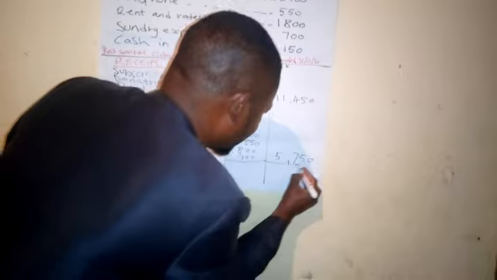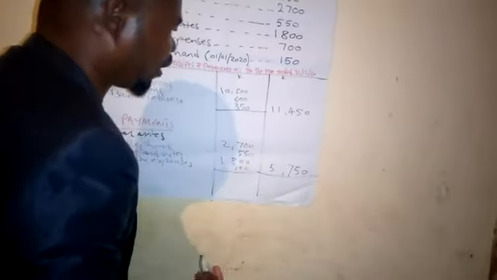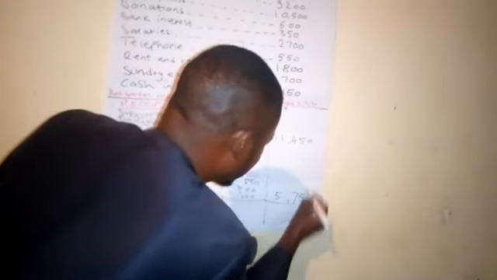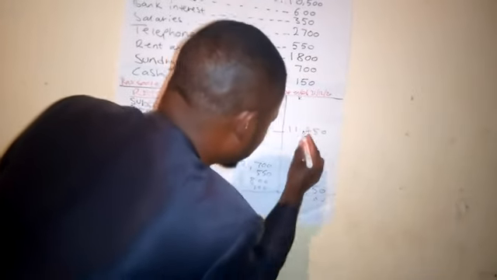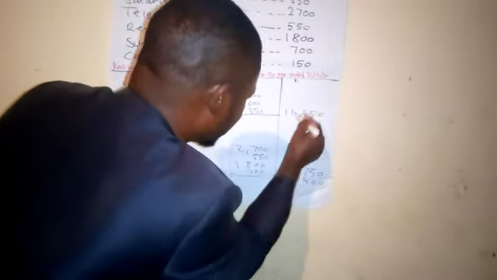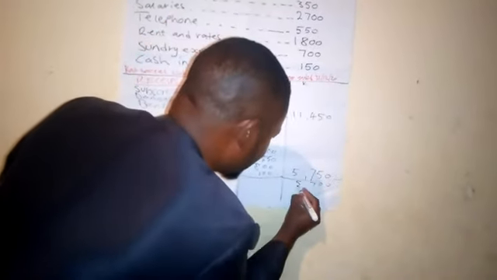Okay. So we can subtract this one from 11,450. We have 0, 0, 14 minus 7, we have 7. Then this 0 becomes 10, 10 minus 5, we have 5.